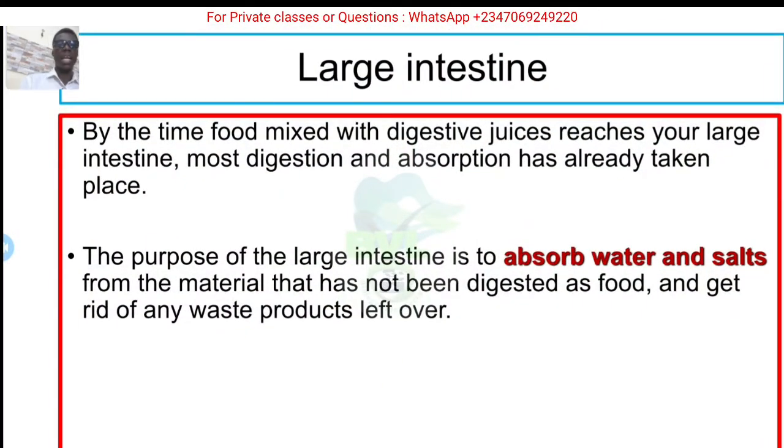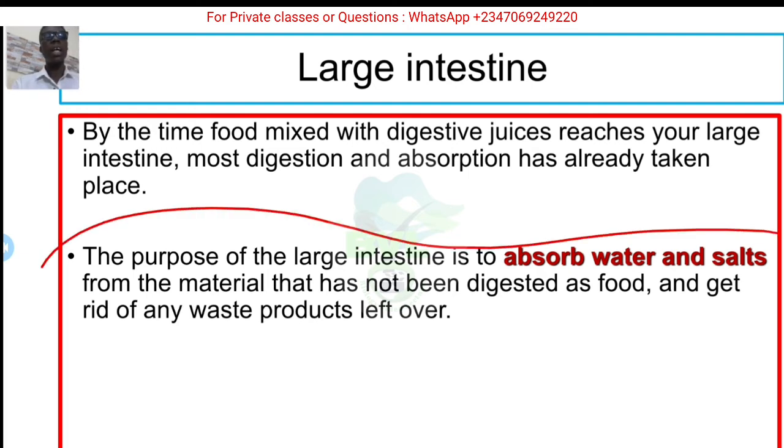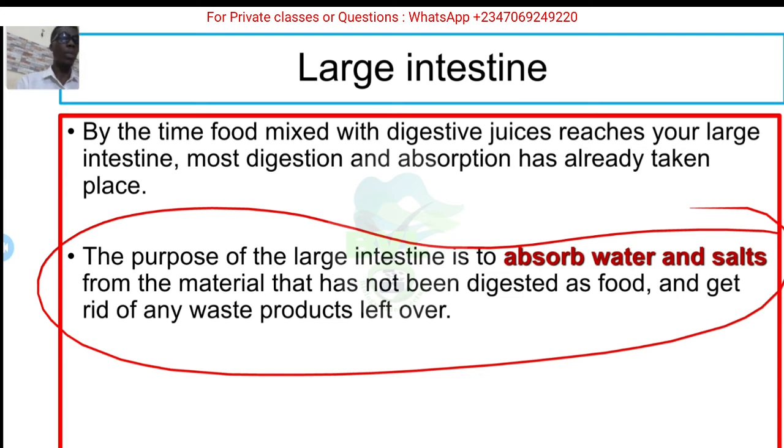Okay, the next one here is the large intestine. By the time food coming from the small intestine gets to the large intestine, most of the nutrients have been absorbed. So what you have there is just some undigested food substances, water, and electrolytes or mineral salts. What happens here is that part of the water that was not absorbed in the small intestine will be absorbed here.